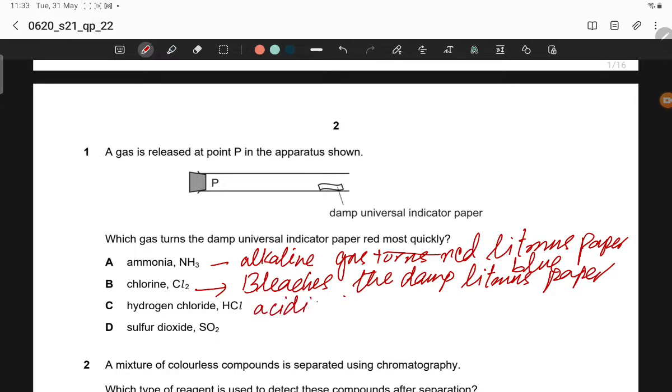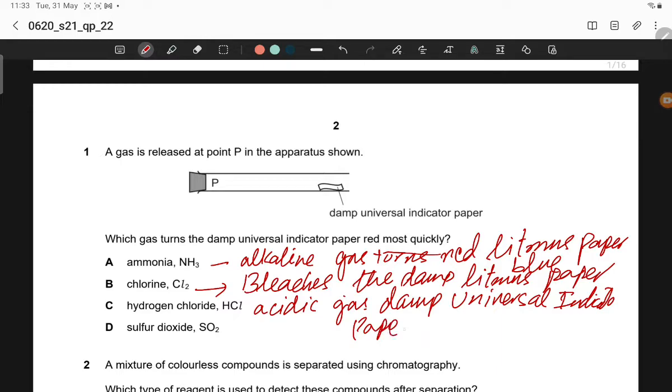This is an acidic gas. It turns blue litmus paper red, and turns damp universal indicator paper red most quickly.